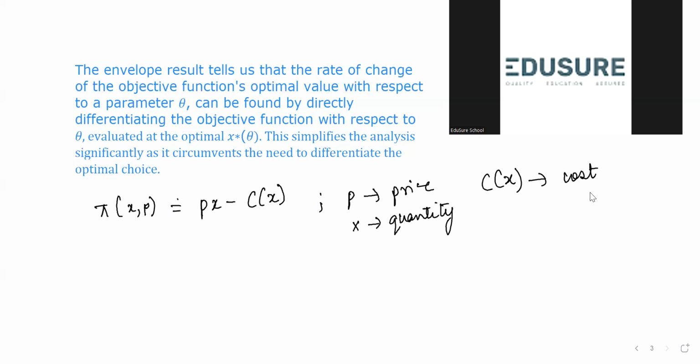Now according to the envelope theorem, the effect of a small change in price on the maximum profit can be directly found by differentiating the profit function with respect to p.